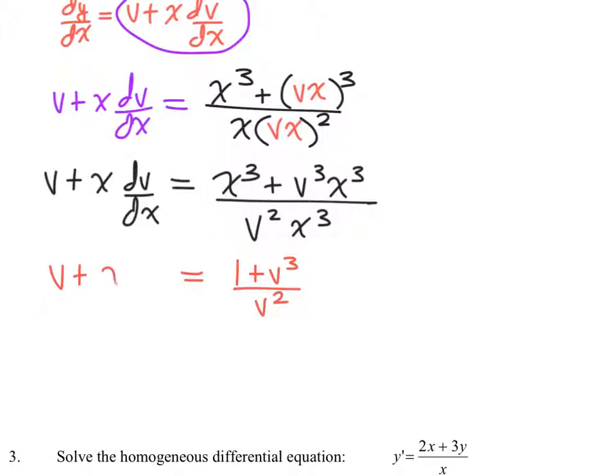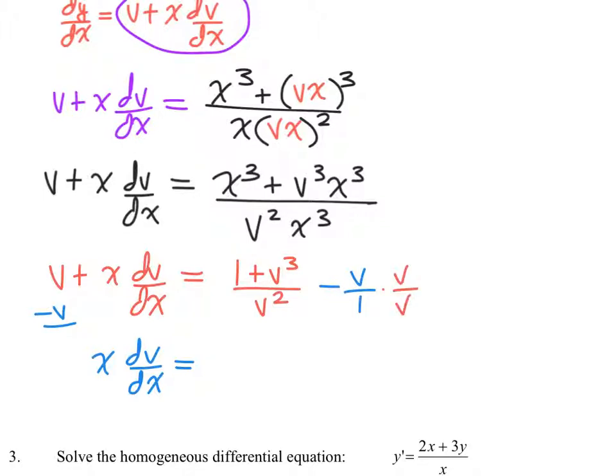In this case, we're looking at 1 plus v squared, v cubed over v squared. So v plus x dv dx would give us that. If I subtract off the v, I get x dv dx is equal to, I just need to get a common denominator. So multiply top and bottom by v squared. And what do I get?